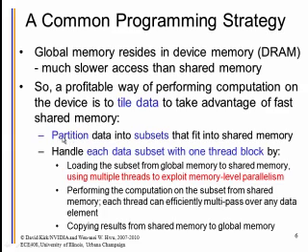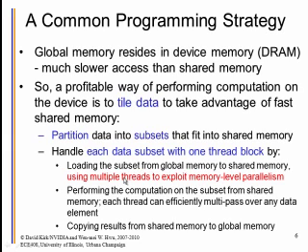Okay, so we're going to partition the data into subsets that fit into shared memory. Since shared memory is small, you cannot store too much data. So we handle each data subset with one thread block, by loading the subset from global memory to shared memory.